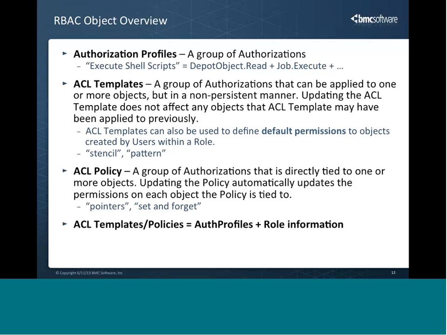And the thing that's great about it is you can associate it with an object once, and then if the contents of that policy change later, well, all the objects that that policy has been applied to get updated automatically. Instead of having these specific authorizations be set once, and then if they change later, you're going to get that policy set on them, and you basically never have to touch it again.